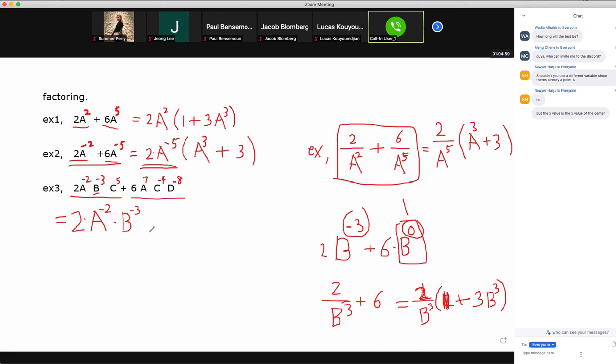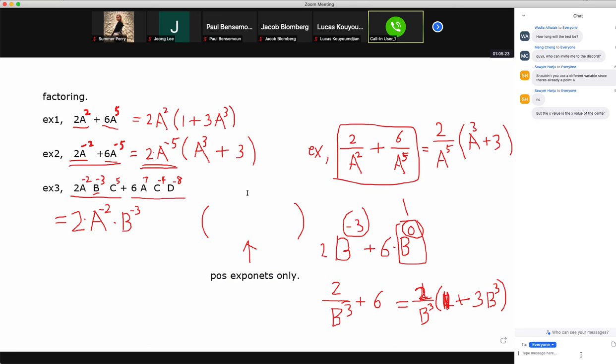Here, we want no negative exponents, only positive exponents in the big factor. That's why we have to factor out all the negative exponents here.